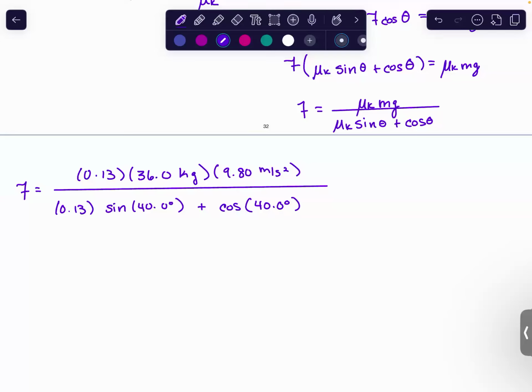It's a cosine of 40 degrees, and now you get some good practice with your calculator, keeping all the numbers straight.